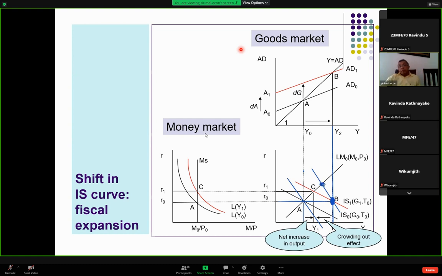It is here. That means my crowding out effect will now be smaller, like this, and the net increase in output level will be bigger.